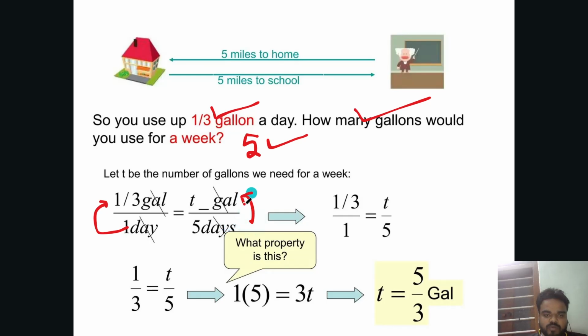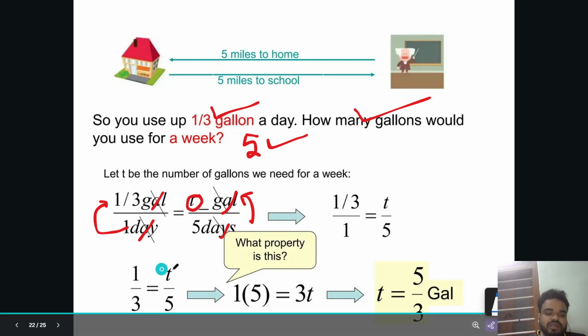Both are in proportion. So the day will get cancelled and gallon will get cancelled. We don't know how much, so put it as t. So 1 by 3 is equal to 1 by 5 over t, that is 1 by 3 equals t by 5.